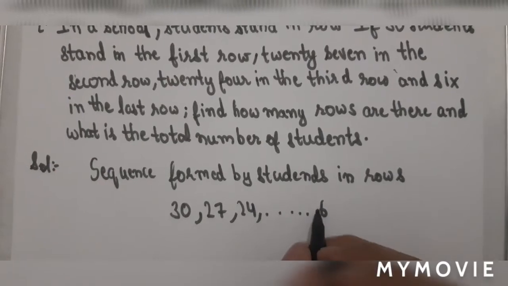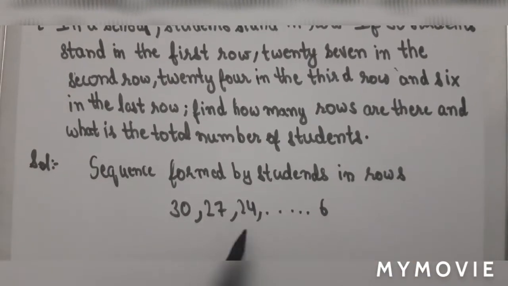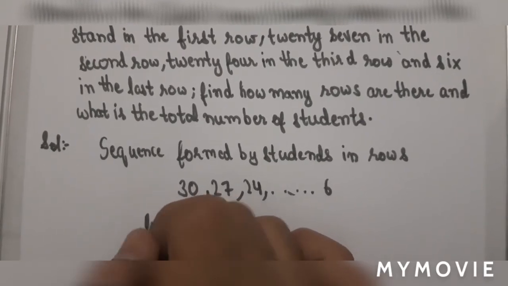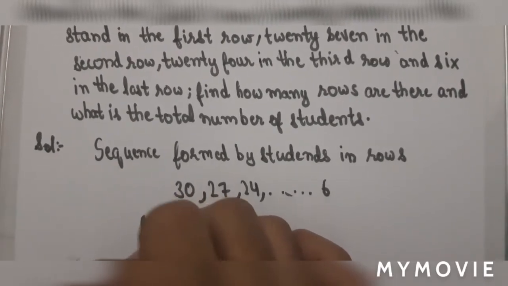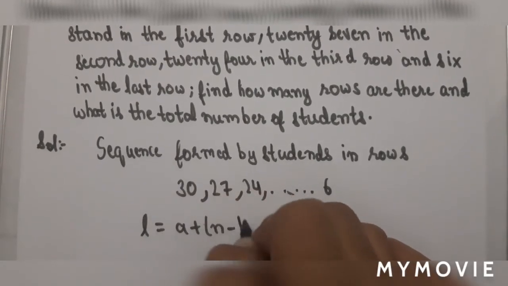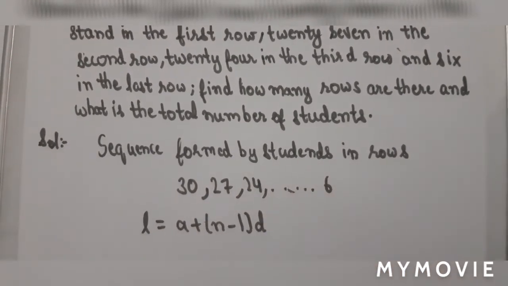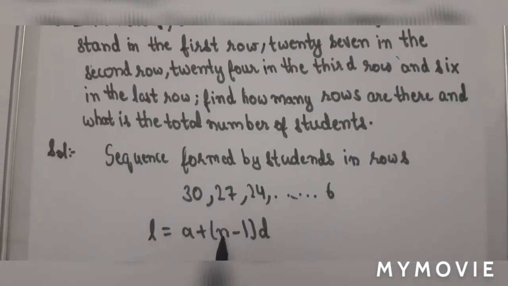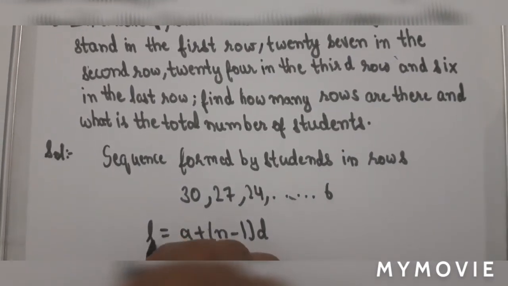So for finding the number of rows, we should use the formula: last term is equal to a plus n minus 1 d. So by this we can get our number of rows.